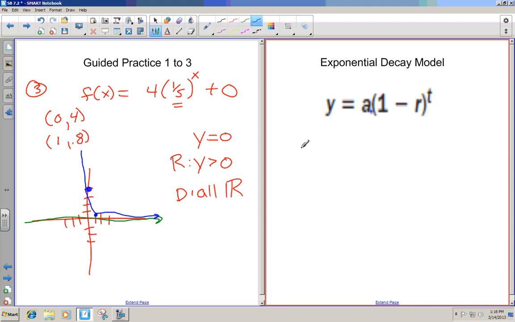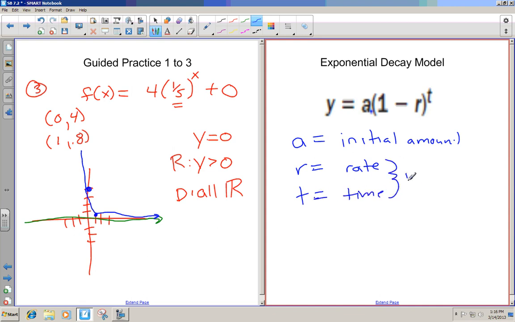So just like last time, a is equal to the initial amount, r is a rate, t is equal to time. You have to be careful to know how these are related. Meaning if the rate is a per year rate, then your time has to be year.